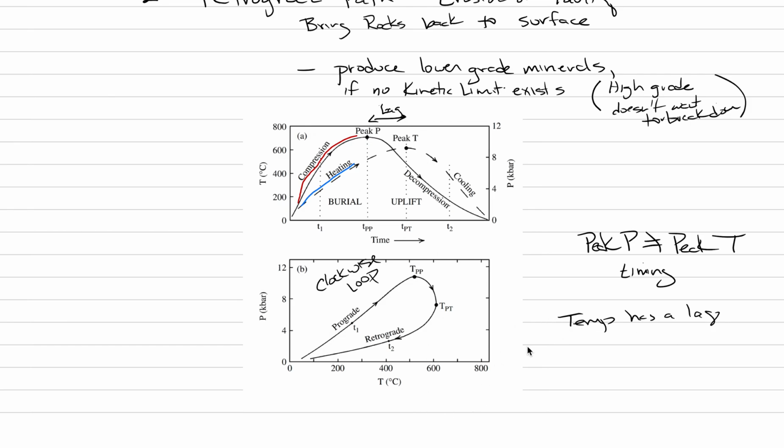So we'll say temperature is a lag caused by the slow thermal conductivity of rock. It heats up slower, and it also cools down slower. So as we're making our way towards the Earth's surface via exhumation or erosion and faulting, the rock actually can heat up even though it's going to shallower conditions because of this thermal lag.